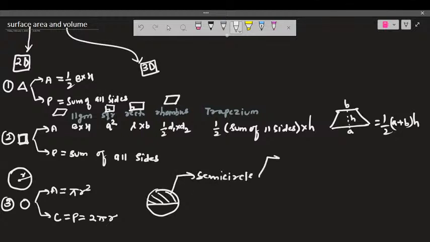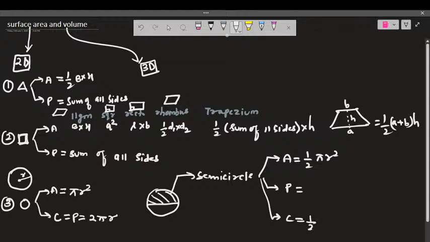Now the area will be half of the circle, obviously. And the perimeter will be different than the circumference. Circumference only includes that part which is in the arc form. And over here, that part is half of your 2 pi r, obviously. That is pi r, isn't it?